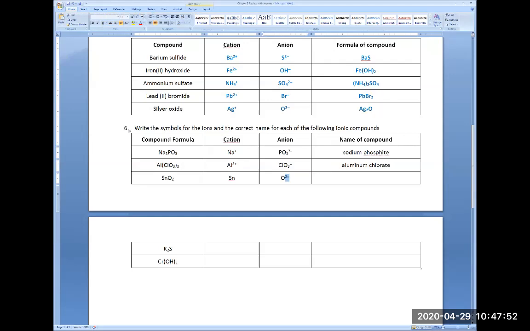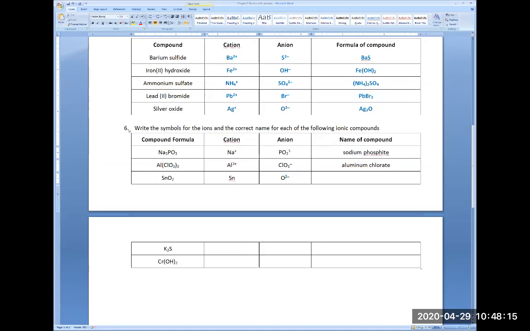Okay, and we see here we have 2 oxygens per formula. So we have 2 times O-2, which means 4 negative charges in total. And then we have to cancel those 4 negative charges with 4 positive charges. And the 4 positive charges will be carried by the tin.